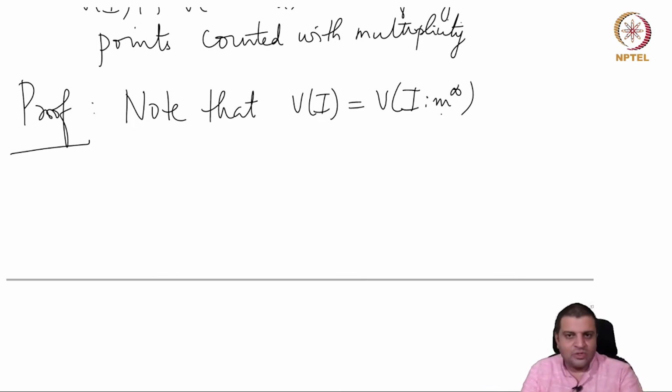But the maximal ideal is not a subset of the prime ideal, so that something should be in the prime ideal. So the saturation also satisfies V of I equals V of this.